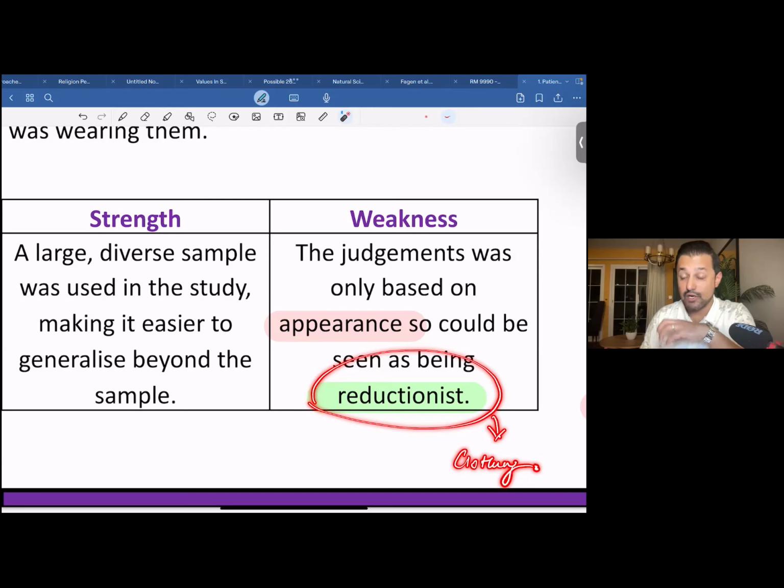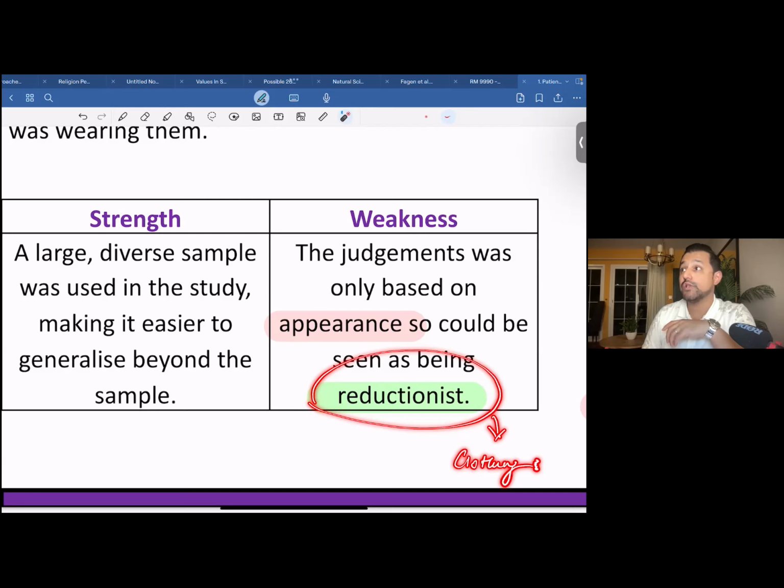McKinlay and Wang figured out that clothing does matter. Nonetheless, clothing is just one of the factors that come under non-verbal communication that could affect communication or the consultation, right?